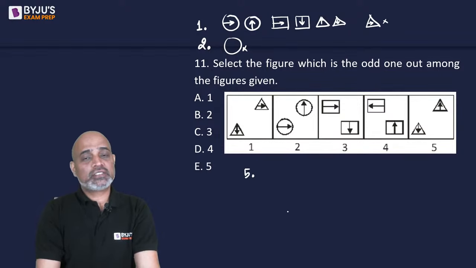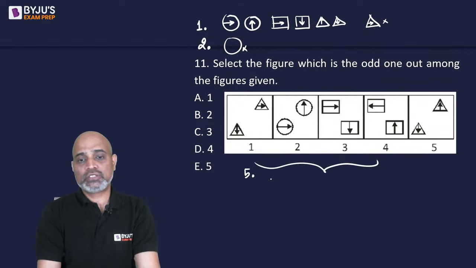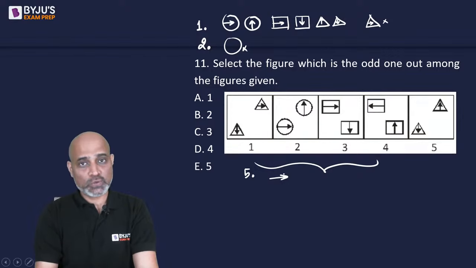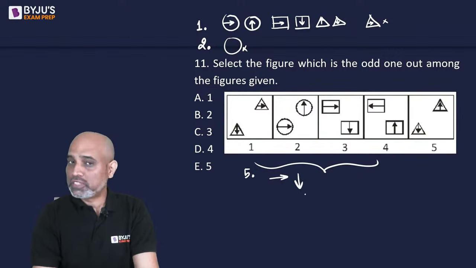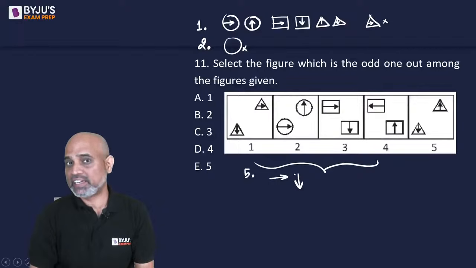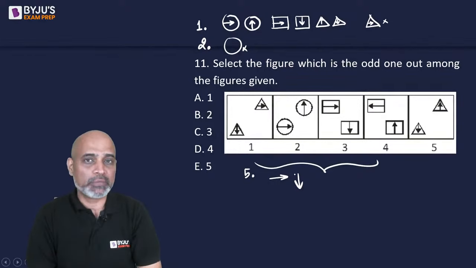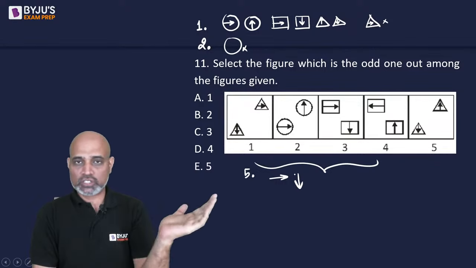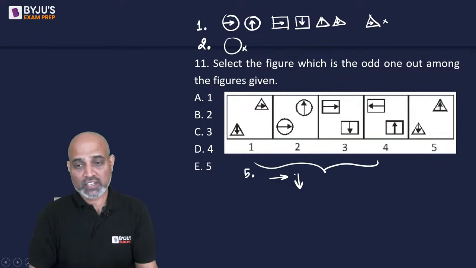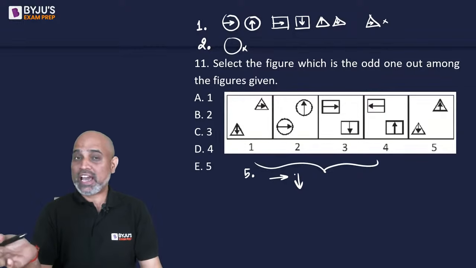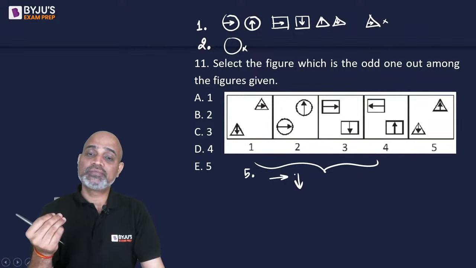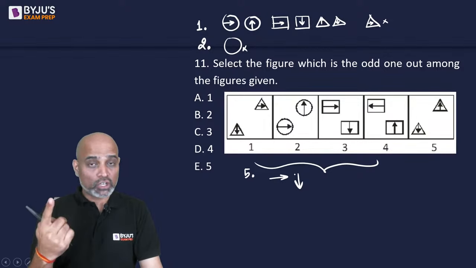Fifth could be our answer. In all the first four figures, all the arrows are pointing either in the east-west direction or the north-south direction. They both are not pointing in the same pair of opposite primary directions. Okay? Either one is north-south, or the other is east-west. In the fifth figure only, we have the arrows pointing towards north and south both.